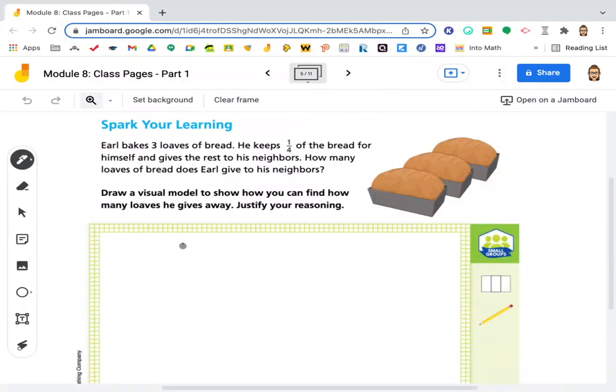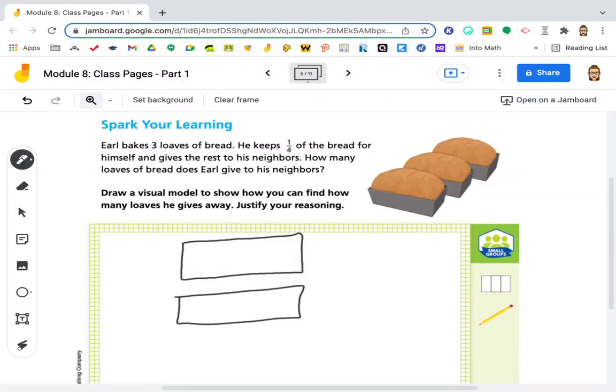So we're going to start by drawing 3 loaves of bread, or 3 rectangles. And then, because of this 4 here, I'm going to split each one into 4s.